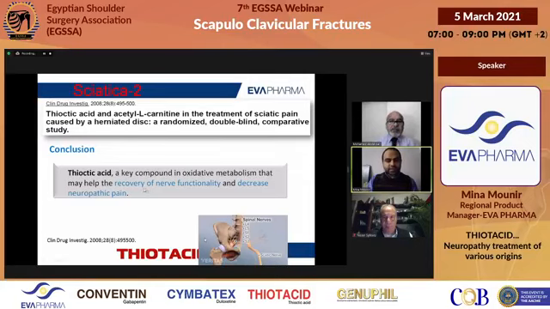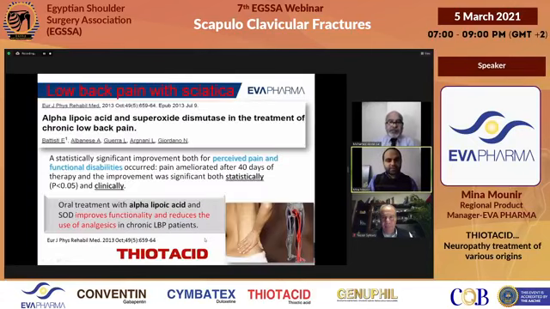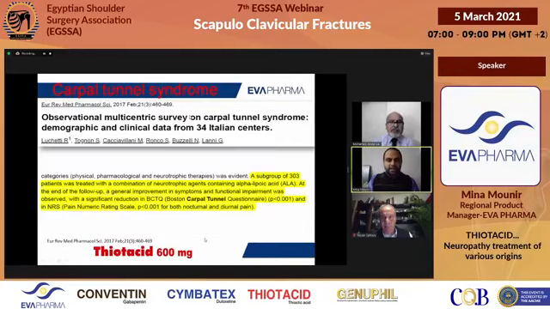Not only this, but recovery of nerve functionality and decreased neuropathic pain for patients suffering from sciatica. As well, for patients suffering from low back pain, improved functionality and reduced use of analgesics. For carpal tunnel, as I mentioned the last time, and again another trial, patients using alpha-lipoic acid showed improvement in symptoms and functional impairment, and as well significant reduction in Boston carpal tunnel questionnaire and in pain numeric rating scale.